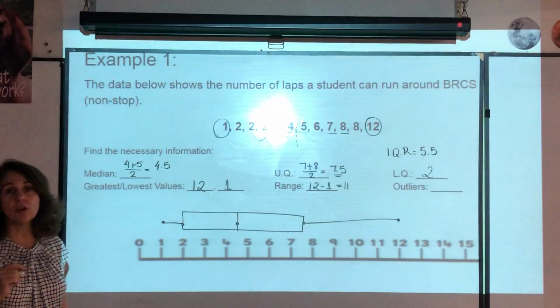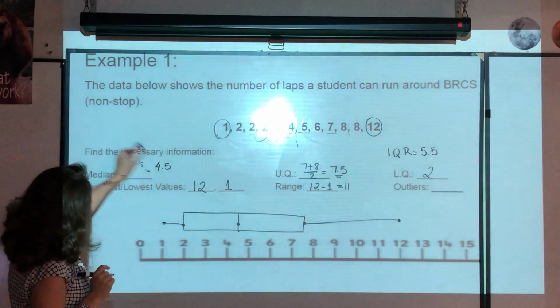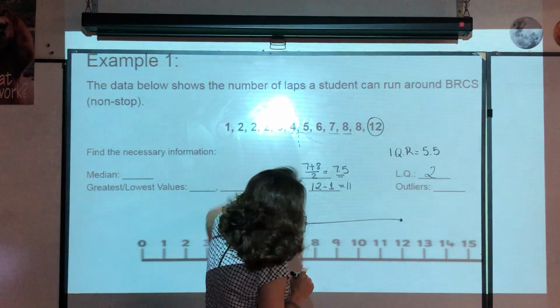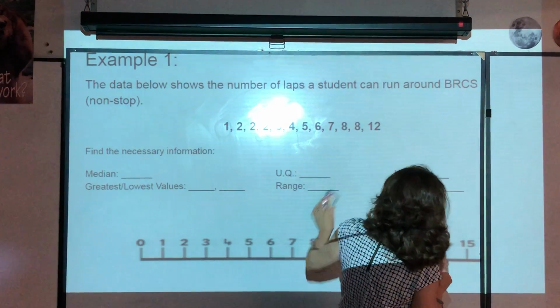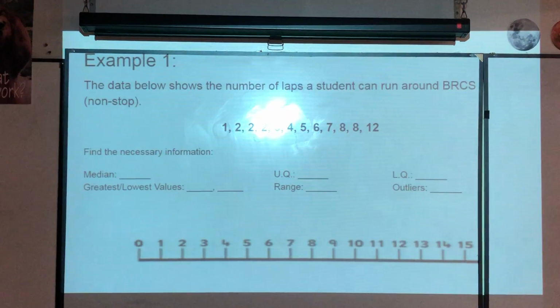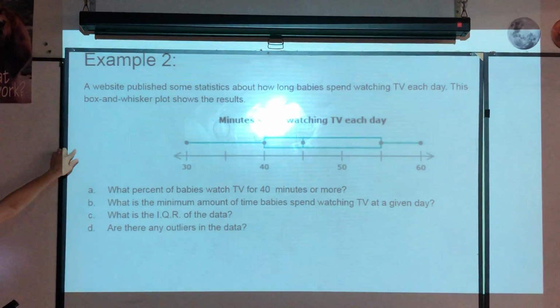Now we're going to see example number 2. So I am going to erase all this so we can proceed to the next example. All right, so this is the second example.